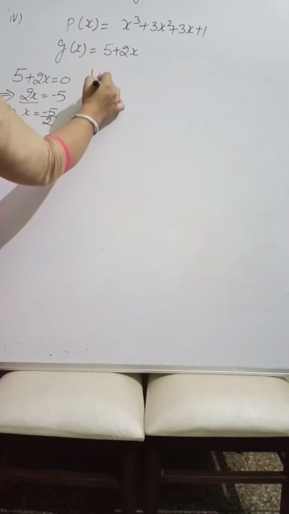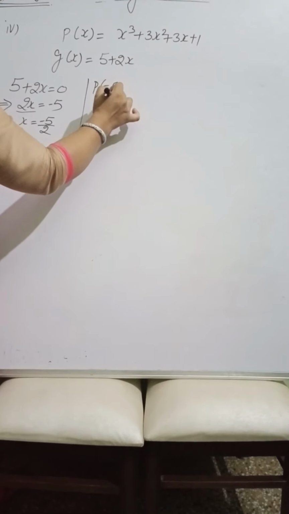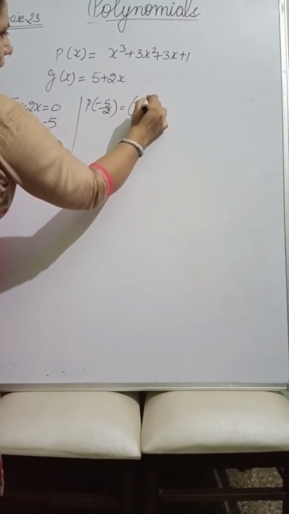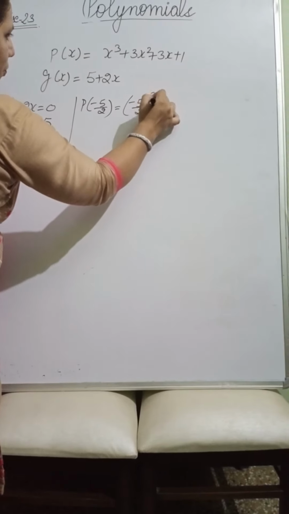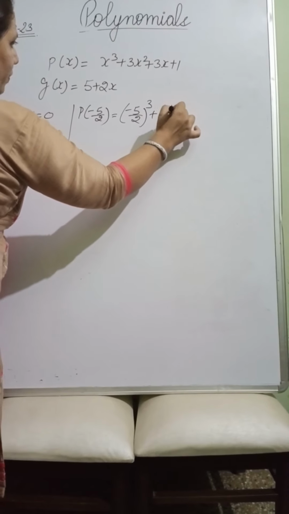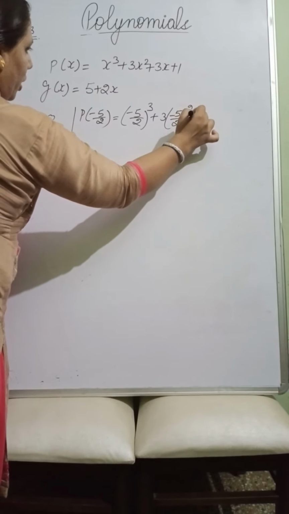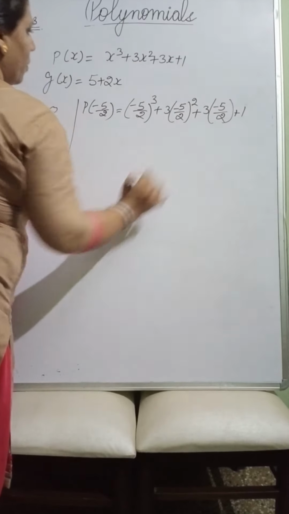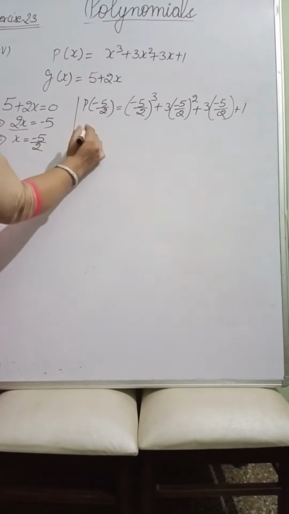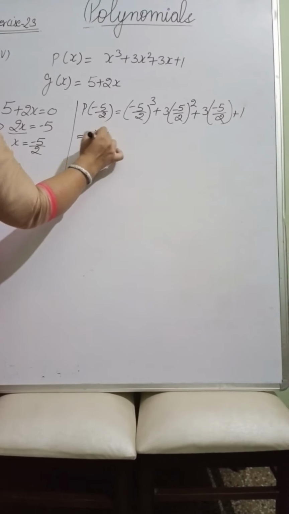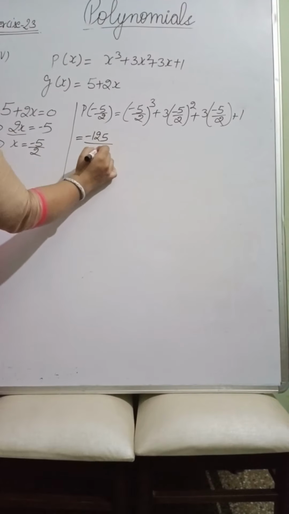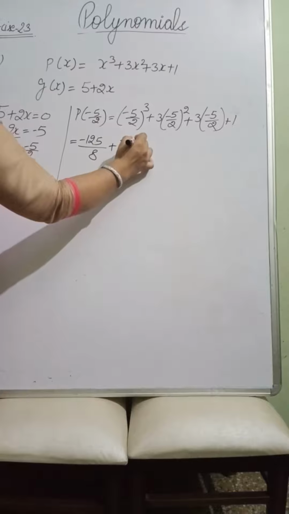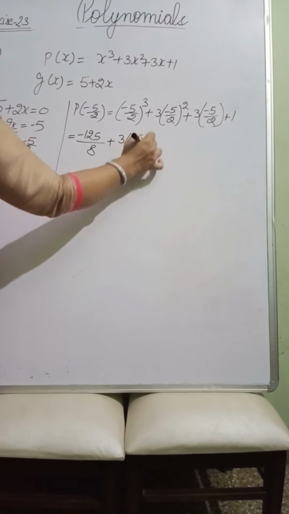So what will you find out, students? p of minus 5 by 2. Put the value: minus 5 upon 2 cube plus 3 into minus 5 upon 2 square plus 3 into minus 5 upon 2 plus 1. Minus 5 cube, you will get minus 125, and 2 cube is 8, plus 3 into 25 upon 4.